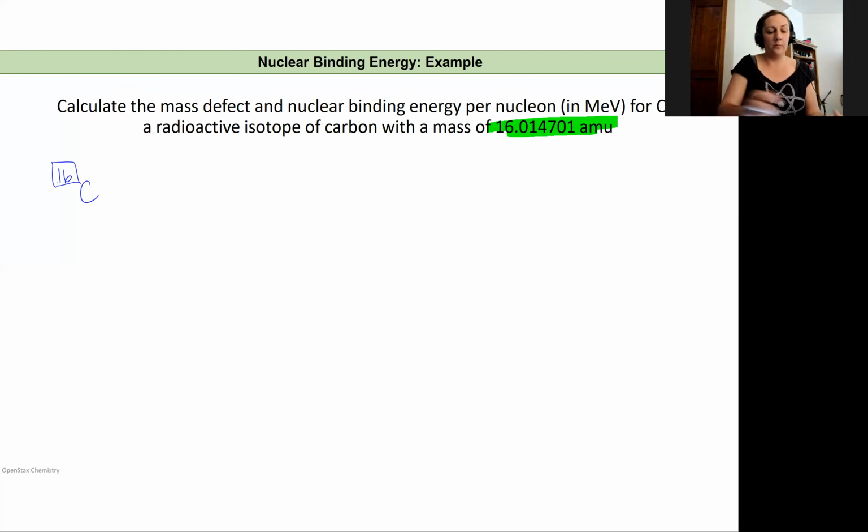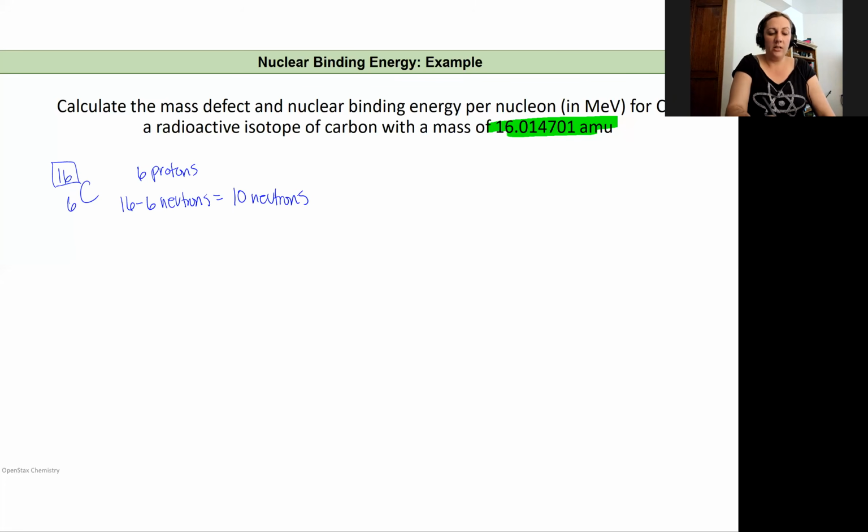Well, we know from the periodic table that carbon has an atomic number of 6, which corresponds to the number of protons. So using this information, I know I have 6 protons and 16 minus 6 neutrons, which will be 10.